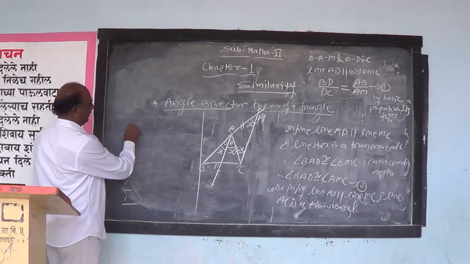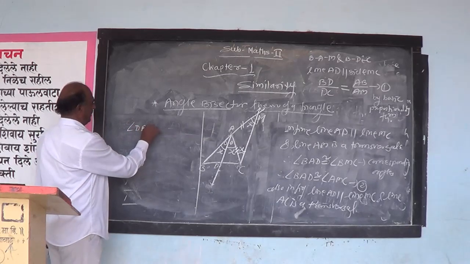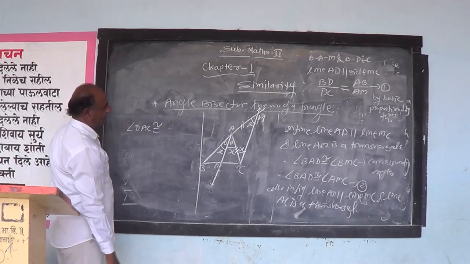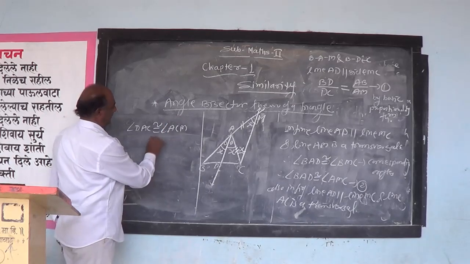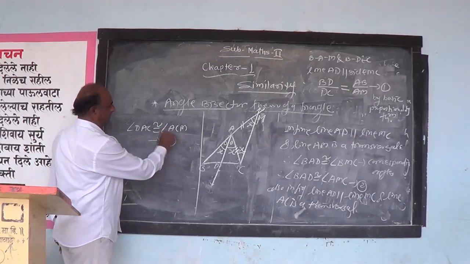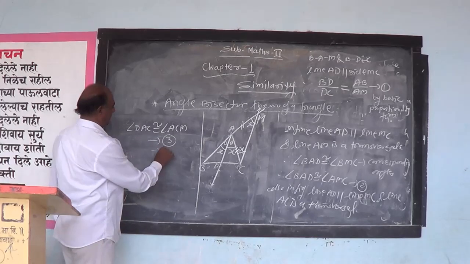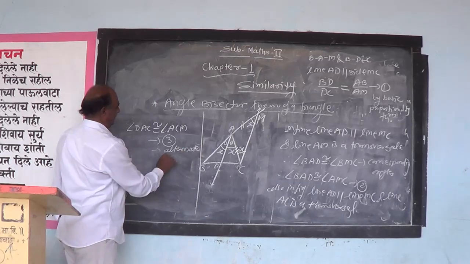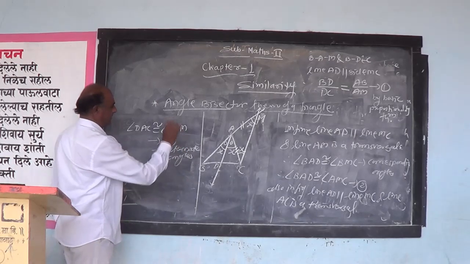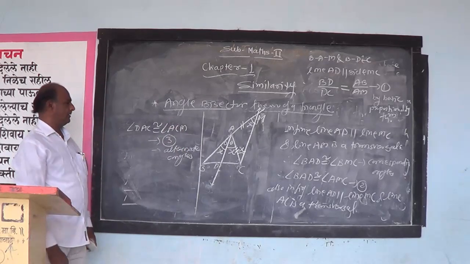Therefore, we get angle DAC congruent to angle ACM. Denote this equation number 3. The reason is alternate angles.